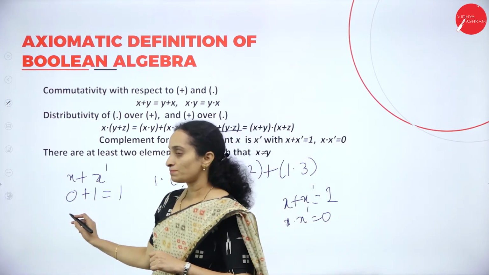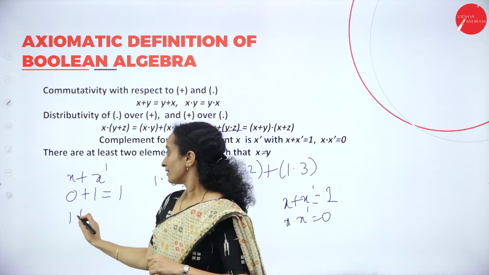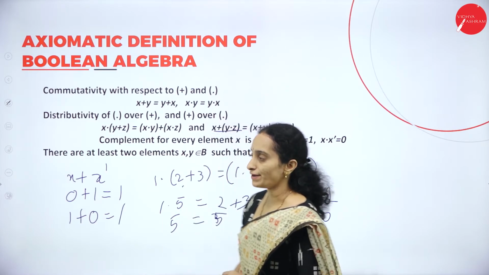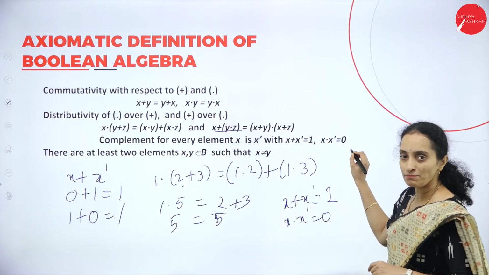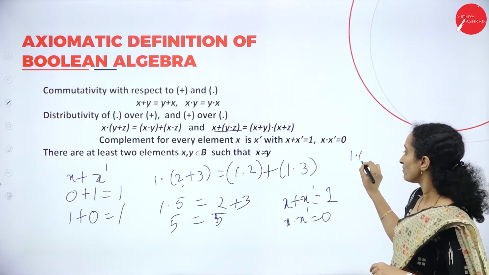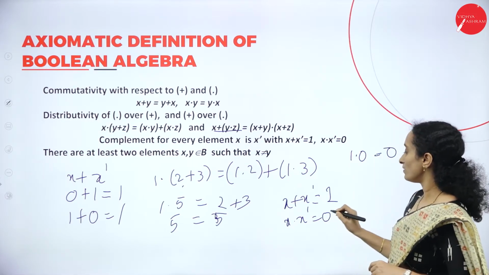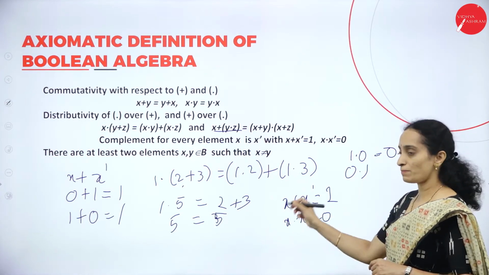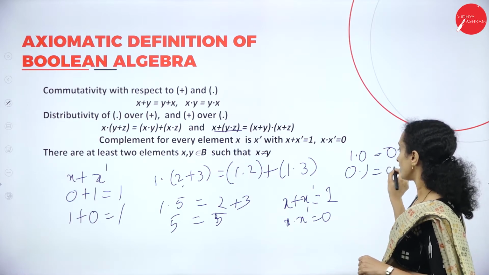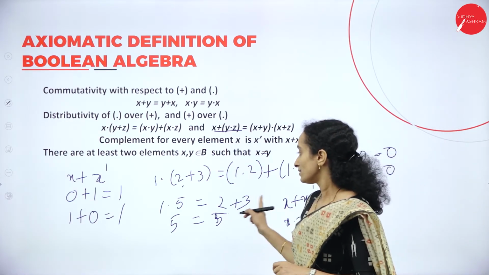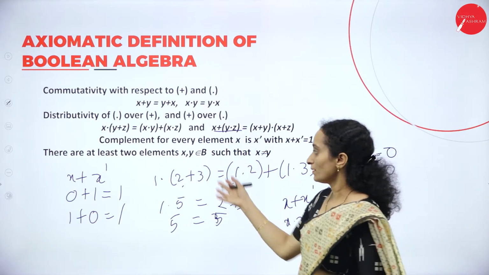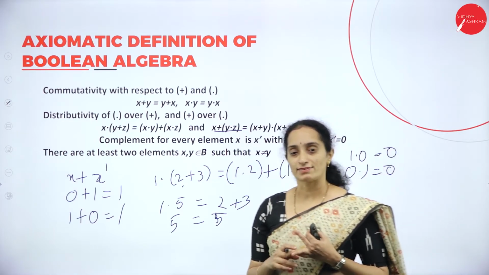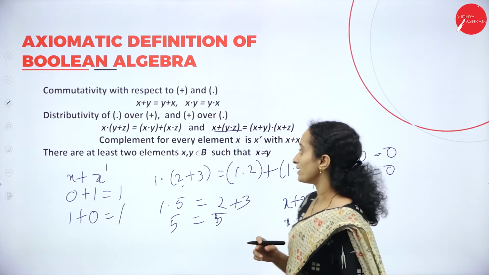Suppose x is 1, x dash is 0, again it will give you 1. When you check for multiplication, if x is 1, x dash will be 0, which will give you 0. If x is 0, x dash will be 1, the reverse complement of x, again giving you 0. So this is how the postulates hold good for both the addition operator as well as the multiplication operator.